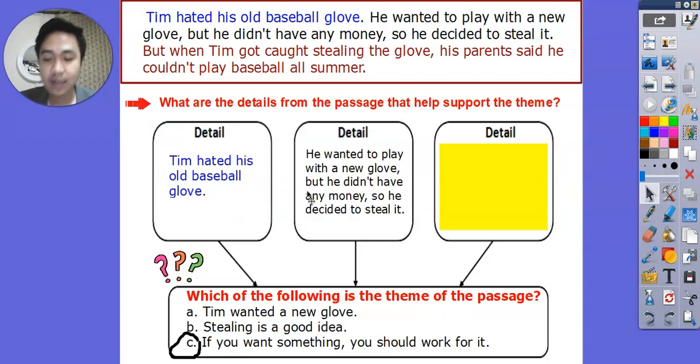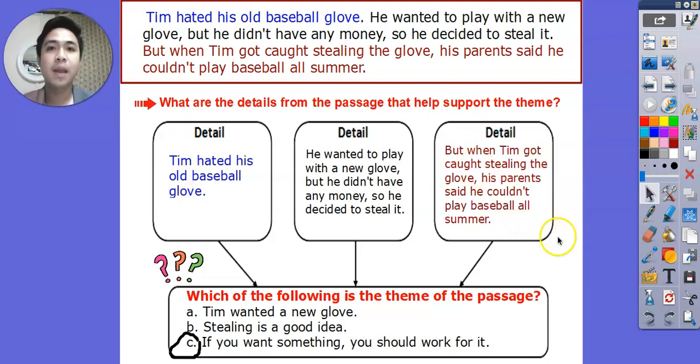Next detail, he wanted to play with a new glove, but he didn't have any money, so he decided to steal. Next detail, when Tim got caught stealing the glove, his parents said he couldn't play baseball all summer. So these three details help us identify the theme in this passage, which is if you want something, you should work for it.